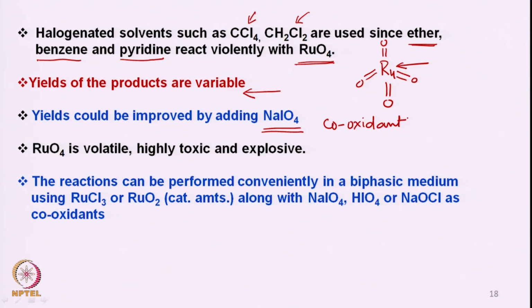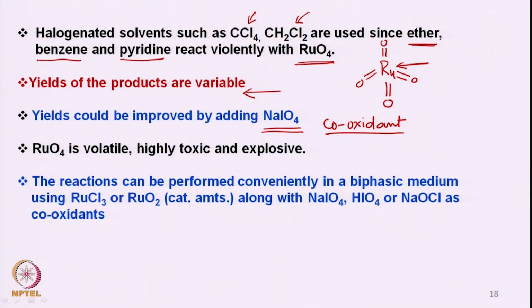What it means is that the ruthenium tetroxide, when it oxidizes or cleaves a double bond, gets reduced to a low valent ruthenium species, and that can be reoxidized using sodium metaperiodate. That is where the efficiency of the reagent increases, by the addition of sodium metaperiodate that acts as a co-oxidant in these reactions.